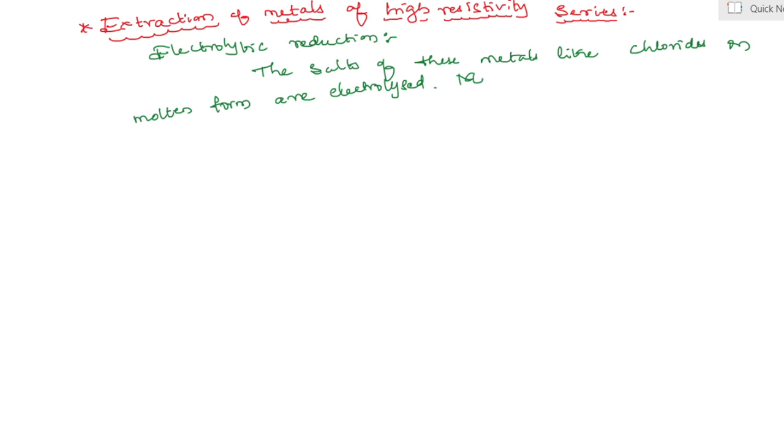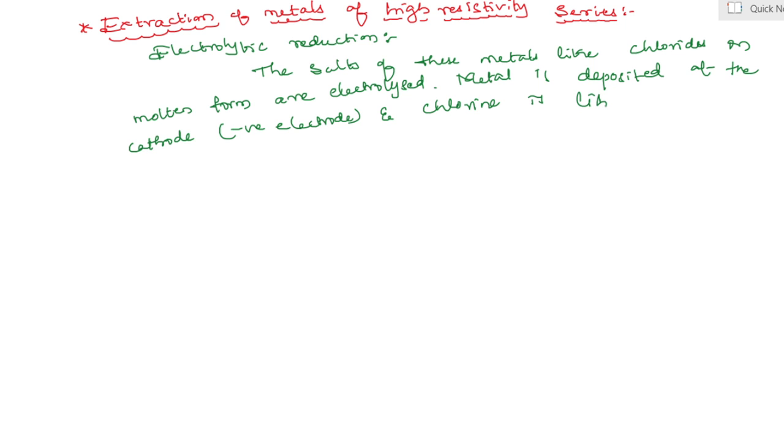Metal is deposited at the cathode, it means the negative electrode, and chlorine is liberated, not deposited, liberated at the anode, it means the positive electrode. Yes, my dear students, the reactions are as follows.